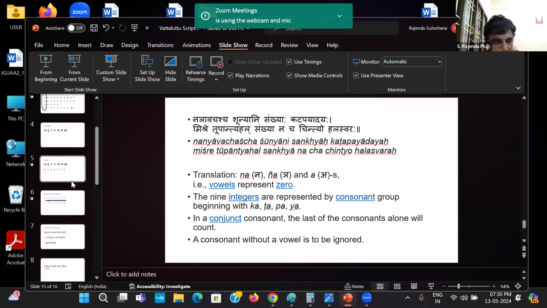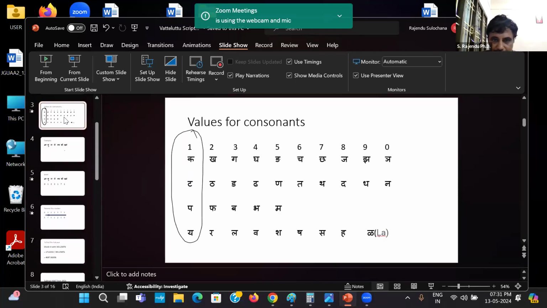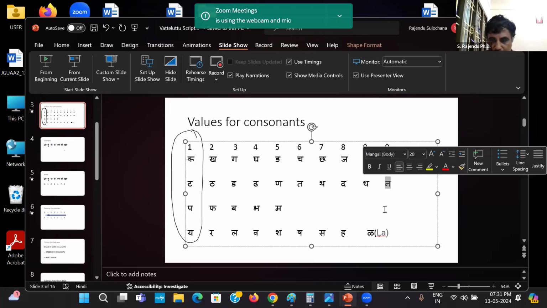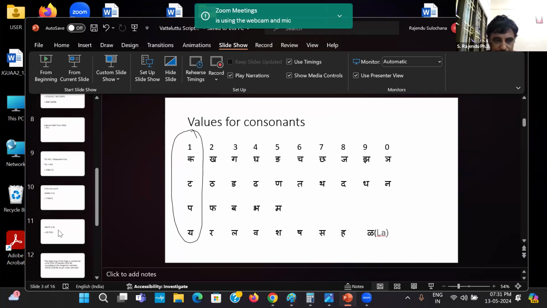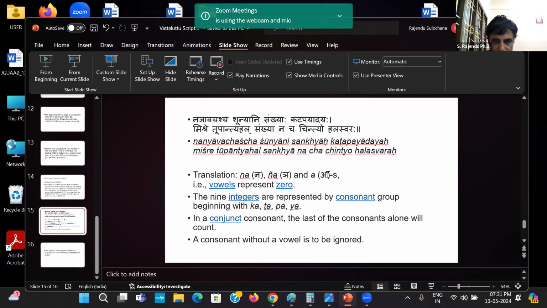There are so many. Lightly, Lavadi, they are defining in various ways. Nya and Na have no values. It represents 0. Then a vowel has no sound, no value. It represents 0.